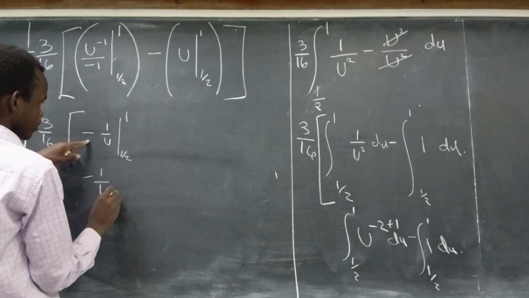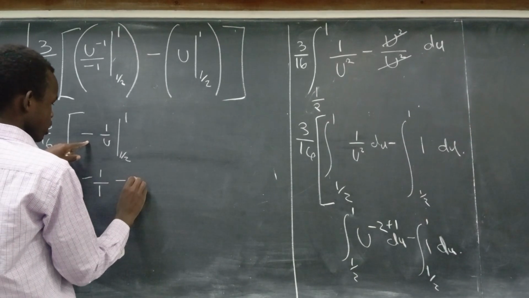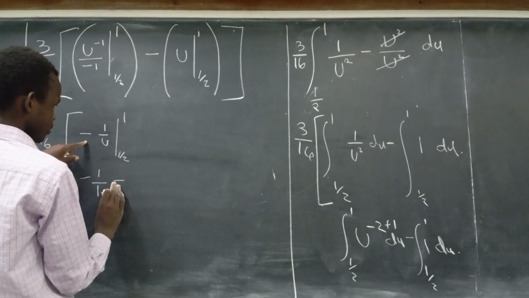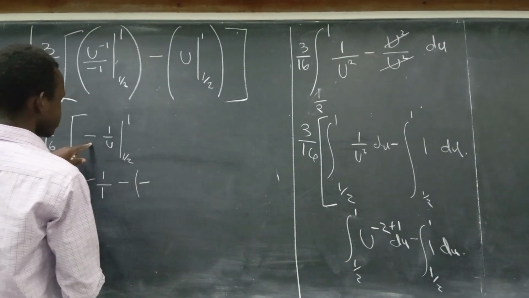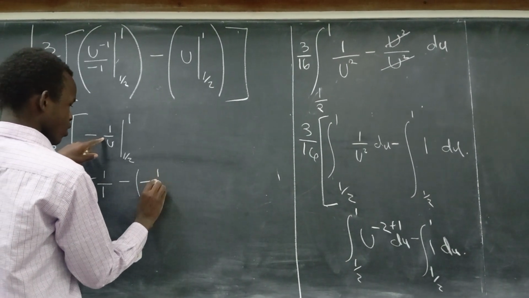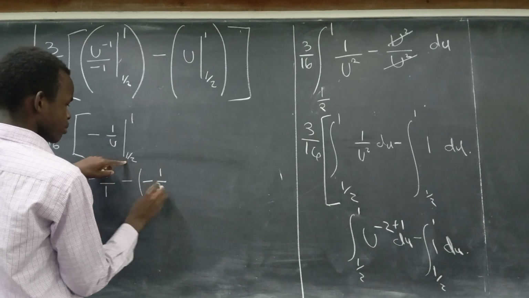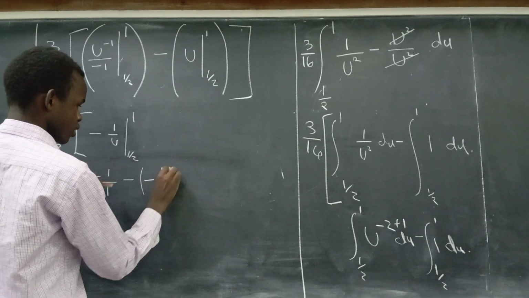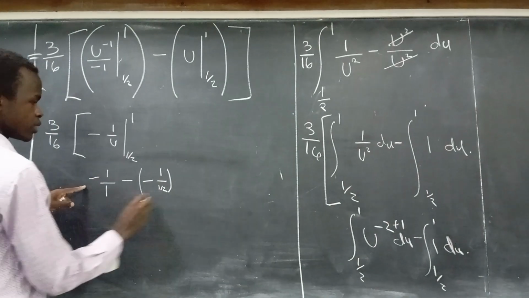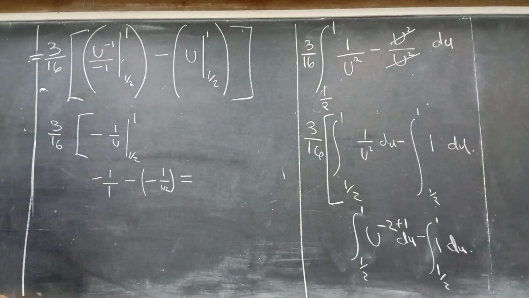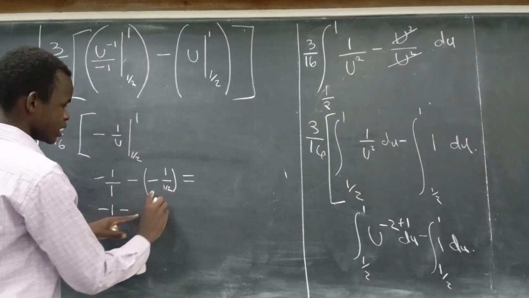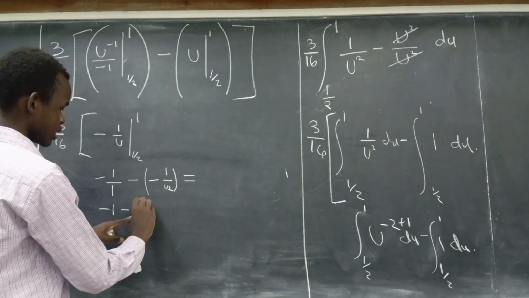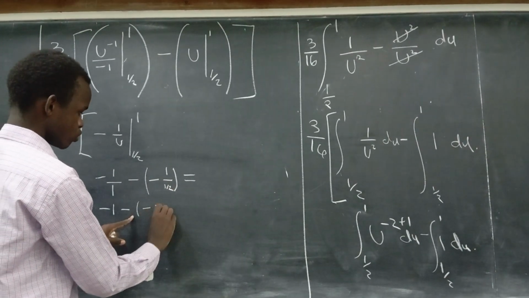My u is 1. Then I'll minus that again with negative 1 over, what's my second part? A half. Okay? So from here, what's my answer for that? My answer will be negative 1 minus, the expression for this is just the same as minus 2.